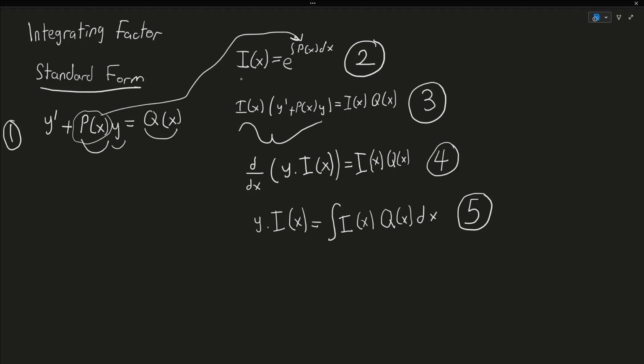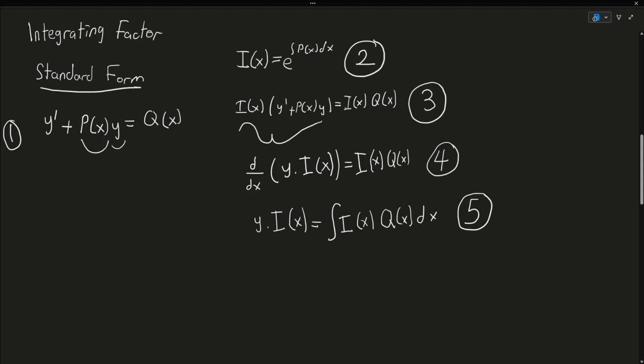Once you have your I of x, you multiply both sides of this differential equation by I of x. So the left hand side will be I of x multiplied with y prime plus p of x times y, and the right hand side will be I of x multiplied with q of x.